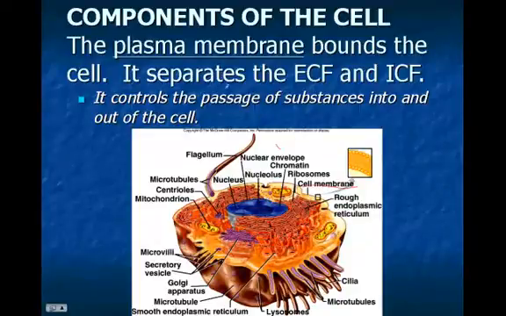And it's actually very important for separating what we call the extracellular fluid. ECF, I'll write that right over here, is the equivalent of what we call the extracellular fluid.